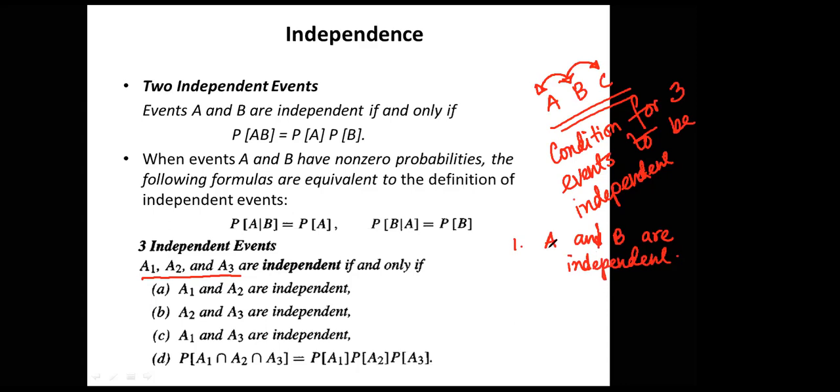If A and B have to be independent, they have to follow these 2 criteria, isn't it? So for 3 events to be independent, number 1 criterion is A and B are independent, and for that, A and B have to follow these two criteria. Number 2 is B and C are independent.